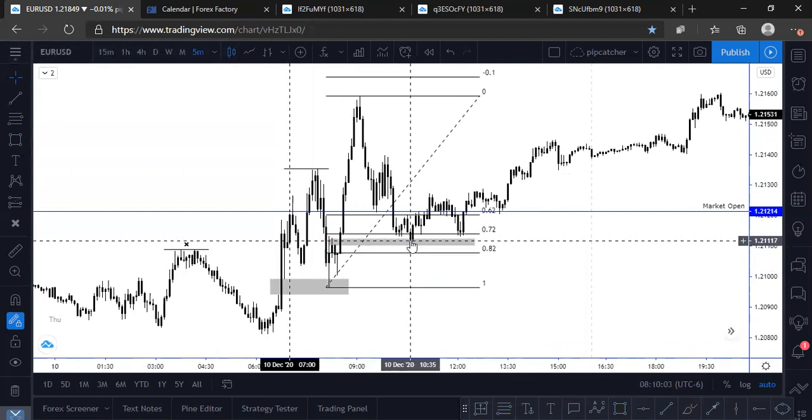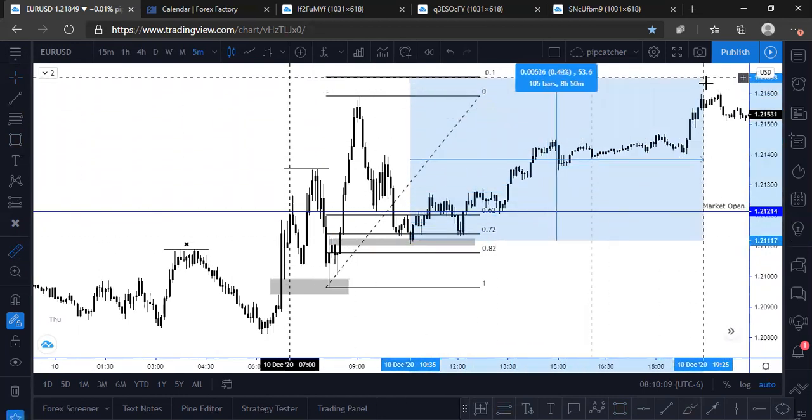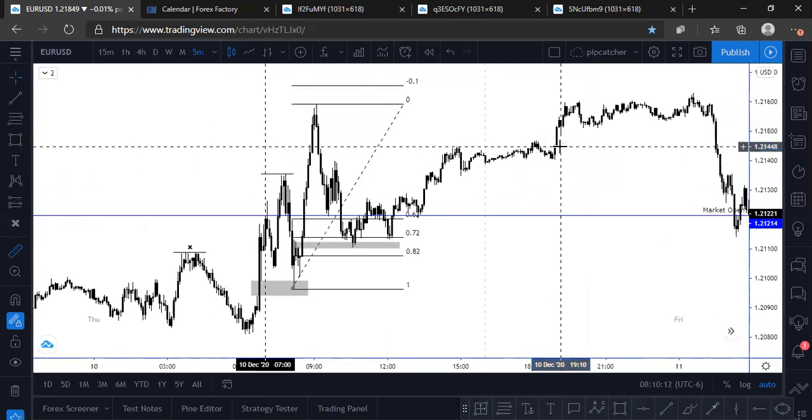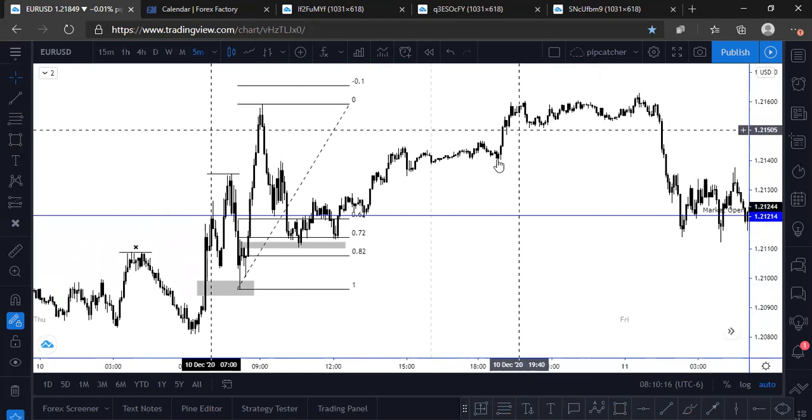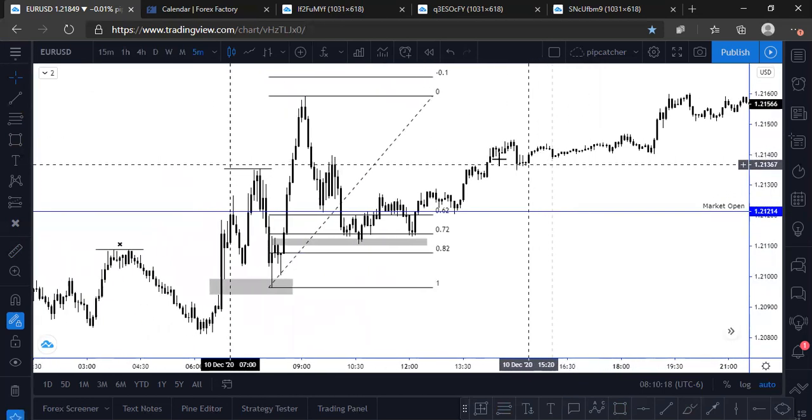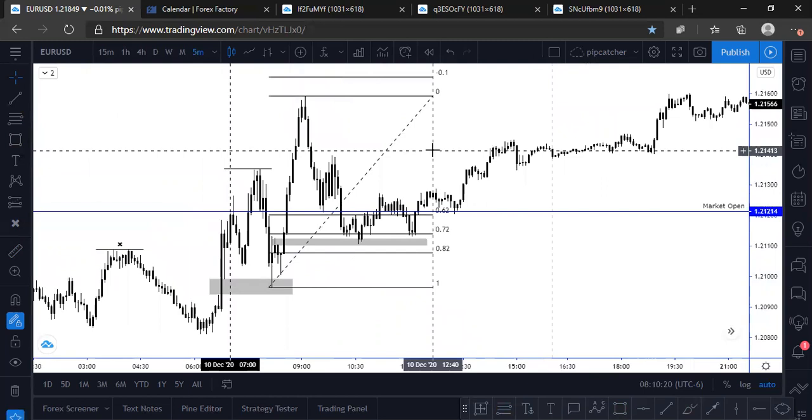Look at this reaction right here off of this. So from here to -10 would have been 53 pips. Just barely came up short of it, right? But that's a crazy move. That's one hell of a move.